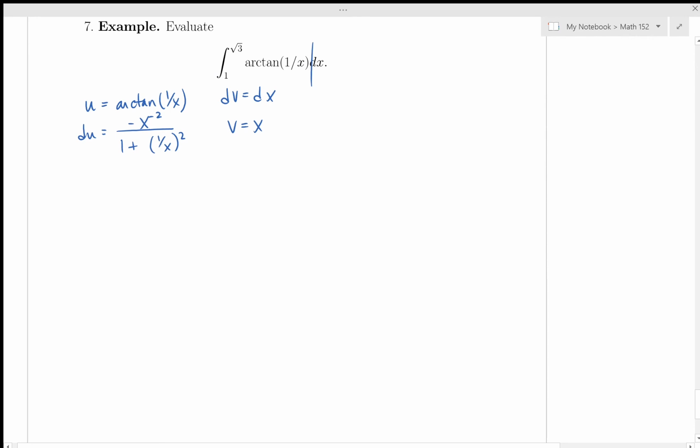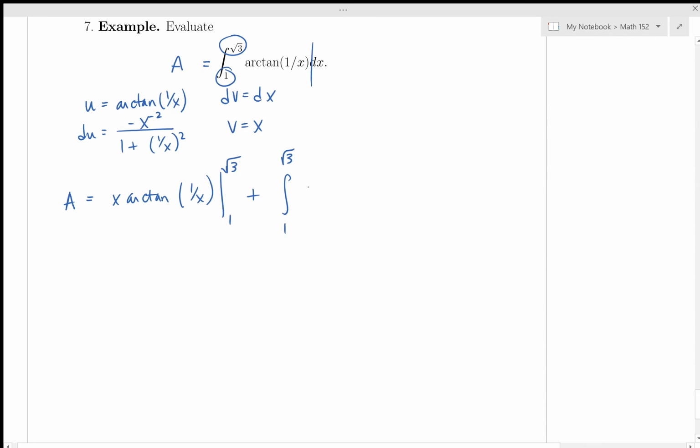Okay, so what are we going to do? Let's see. So our integral, let me just call this A. A is going to be equal to uv, that is x arctangent 1 over x evaluated at 1 and √3. So we're doing a definite integral, so we're going to come out with a number, plus the integral from 1 to root 3 of v du, which will be x times x to the minus 2.